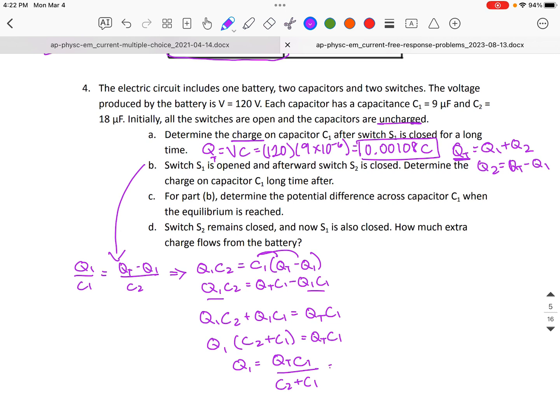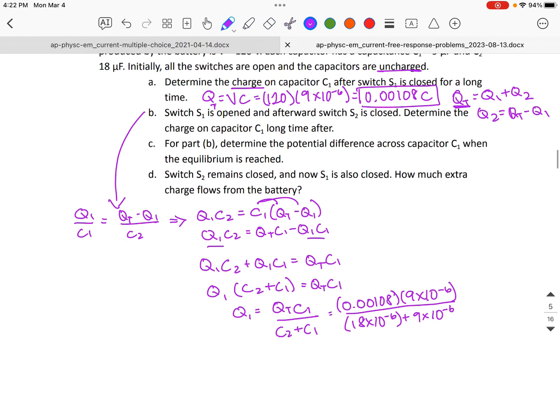I have all of these values. Q total is from part A. C1 is 9 times 10 to the negative 6. C2 is 18 times 10 to the negative 6 plus 9 times 10 to the negative 6. So when you plug all of that into your calculator, Q1 is going to equal 3.6 times 10 to the negative 4 coulombs.